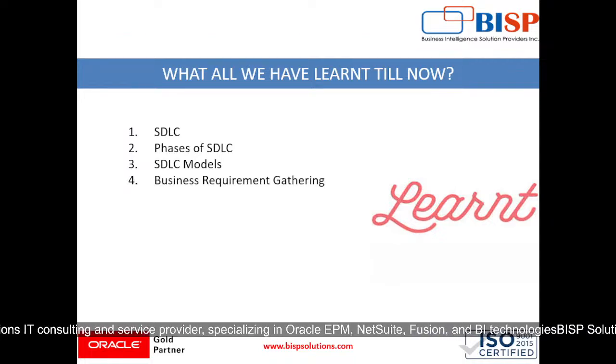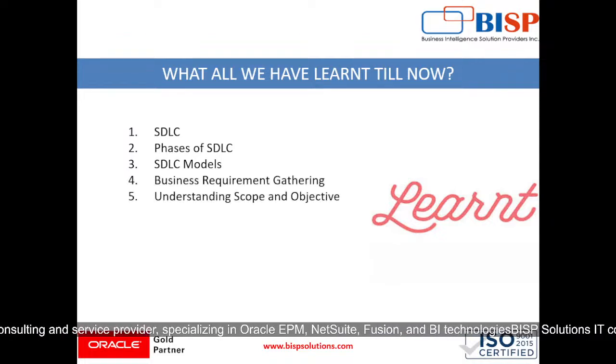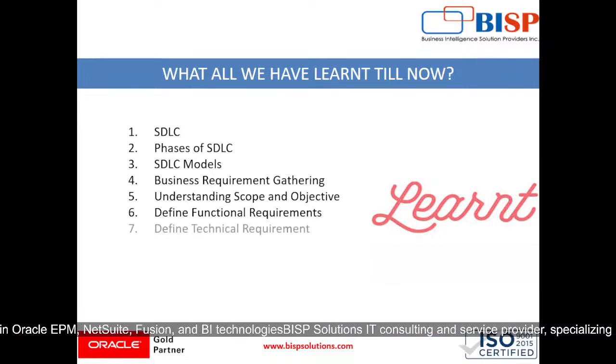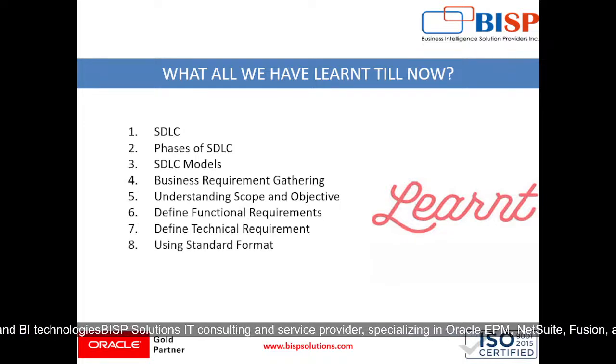Then we have covered business requirement gathering, then understanding scope and objective for the same, and defining functional requirements for making the BRD, which is the business requirement document. And we have defined technical requirements which we have to use while making the BRD document. After that, we have understood using a standard format for making the BRD document.